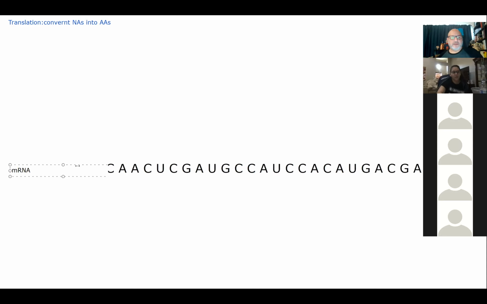There's our messenger RNA. We also need our ribosome. Our ribosome, we know we have 2 subunits. So I will make this my small subunit. And then for my large subunit, I'm going to cheat and draw it.